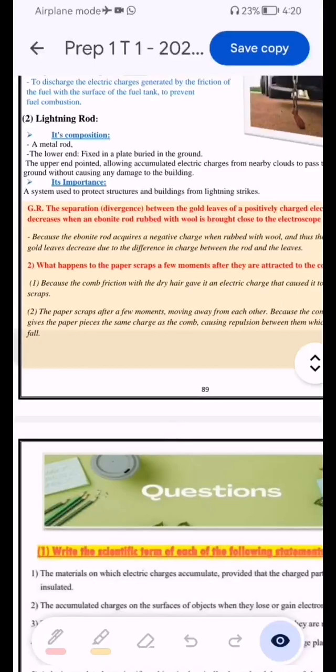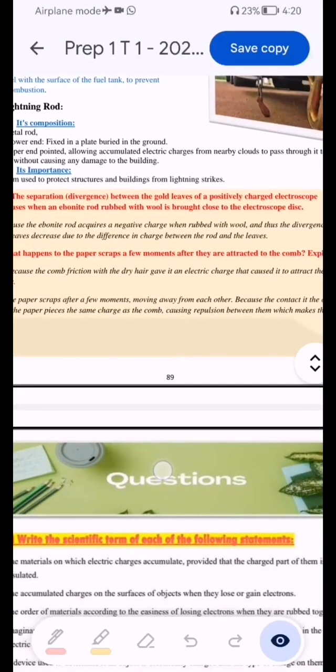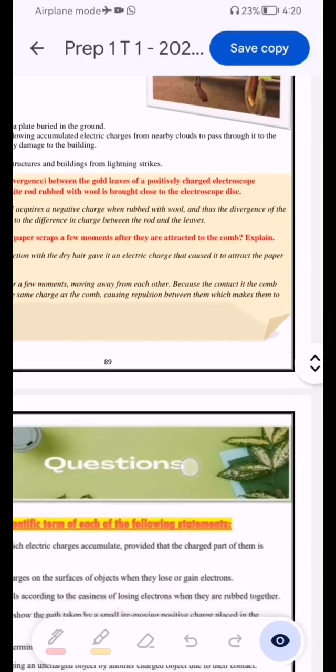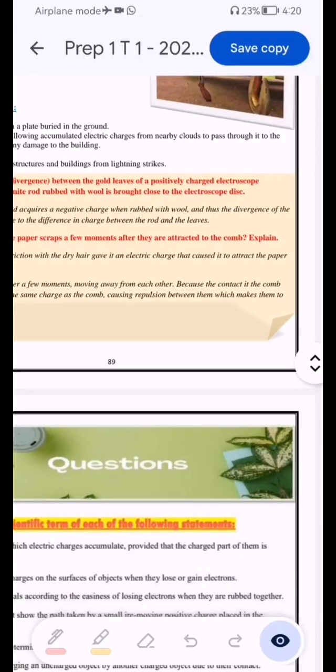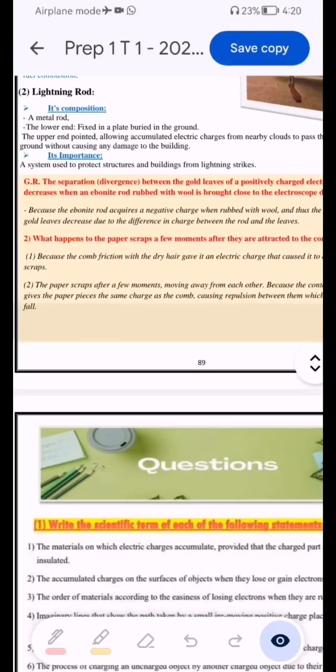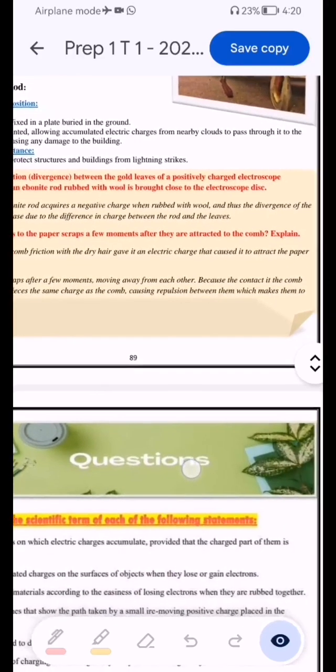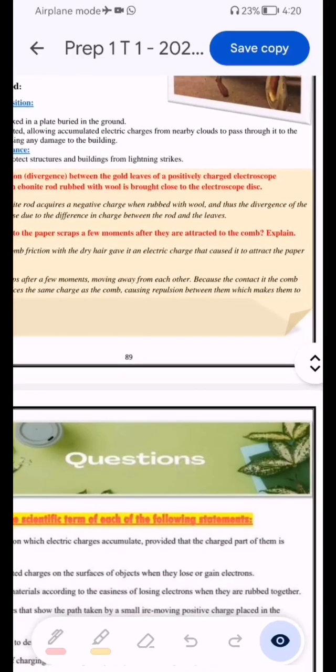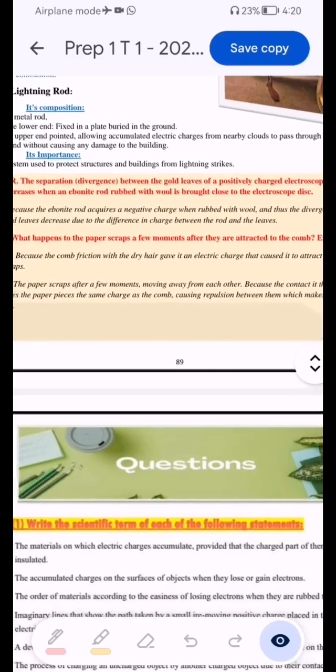Question number 2, what happens to paper scraps a few moments after they are attracted to the comb? Explain. We said when you brush your hair, the comb's friction with the dry hair gives it an electric charge that causes attraction of paper scraps.